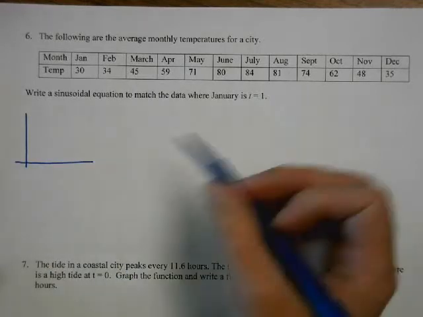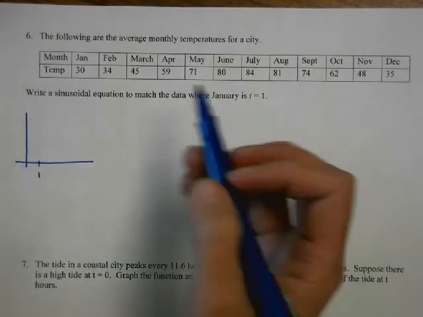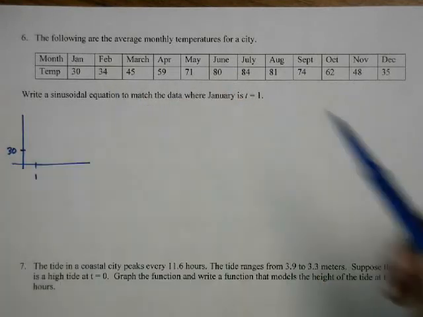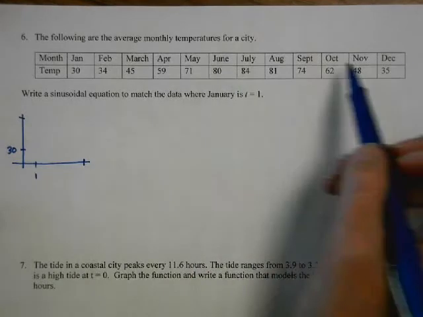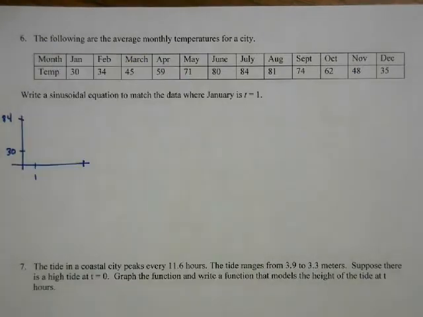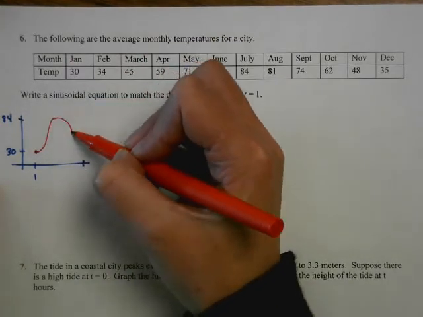Okay, January 1, we have a temperature of, I'm just going to put 30 here. We have a high temperature of 84. So my temperature is going to start here. It's going to go up and come back down.